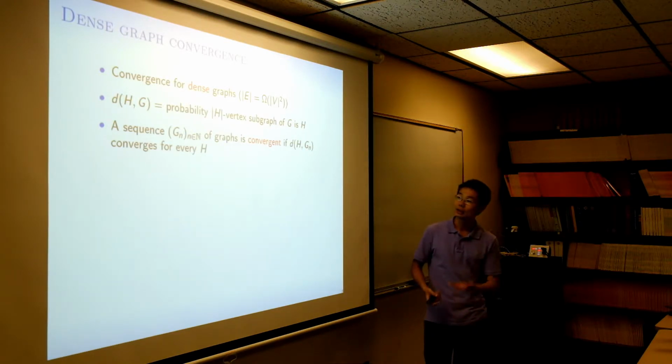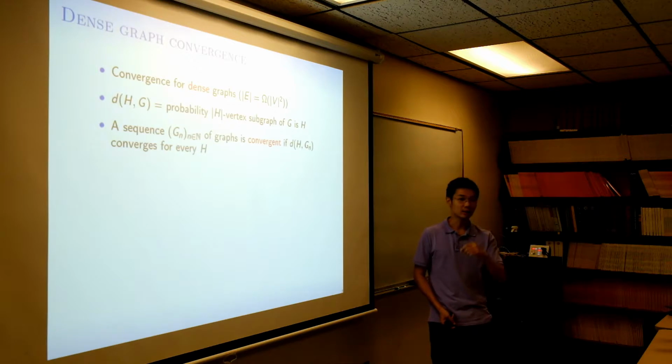For example, if H is an edge, then it's just the edge density. Or if H is a triangle, then you randomly pick three vertices, and these vertices give you a triangle. But here it is an induced subgraph, not just a subgraph. Like if you look at a cherry, then it has to be three vertices giving you exactly two edges.